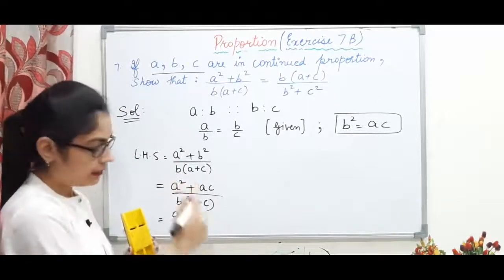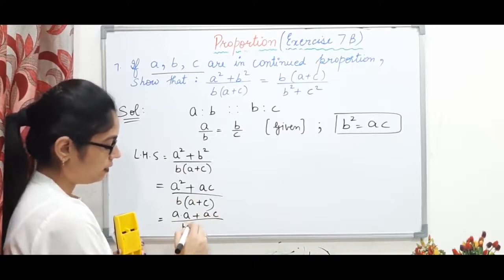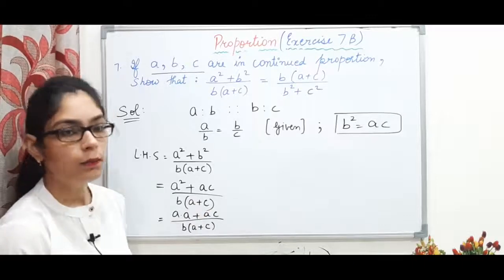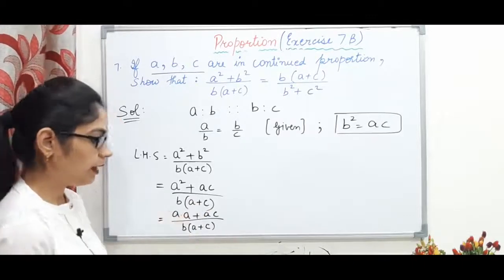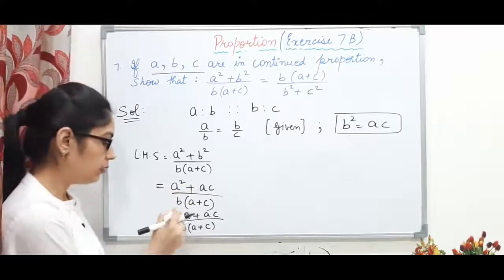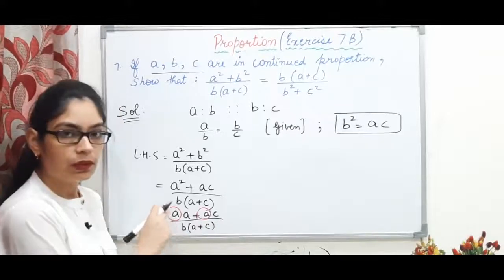Why have I written it this way? So that I can show you that a is present in both terms, a square and ac also. If you want, you can directly take it out common, because it's present in both.